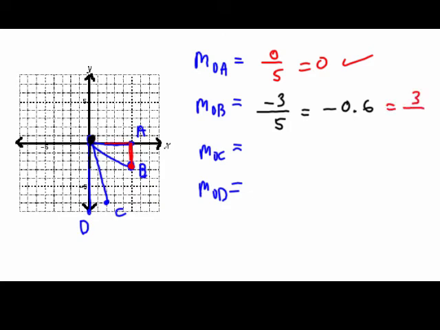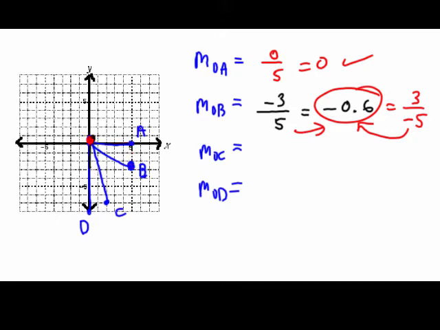I would then have to move left 5 to get to O. Left on a number line is negative. That still would have given me a slope of -0.6. So what I'm saying is it doesn't matter which point you start at in terms of finding slope. If you take into account your positives and negatives, positives moving up or right, negatives moving down or left, it comes out as the same value.